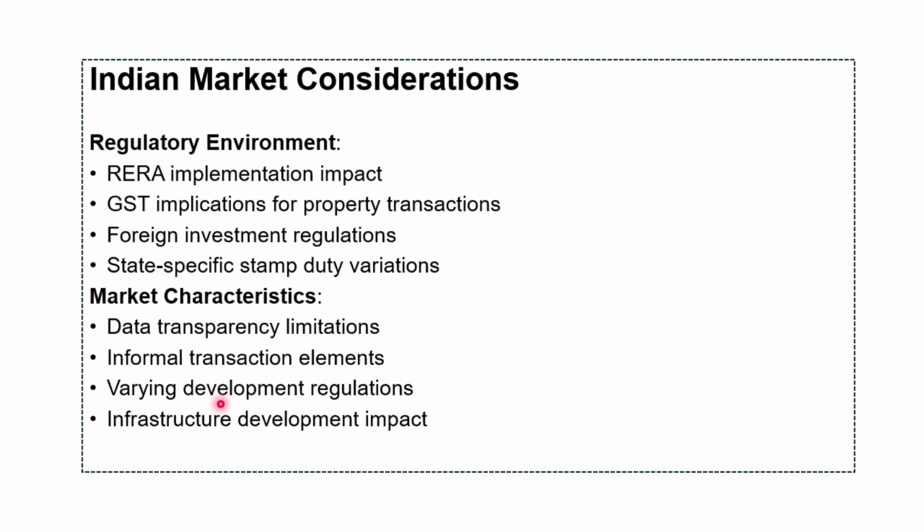These characteristics don't make portfolio management impossible, but they require adapted approaches. This includes building local market expertise, flexible strategies that can adapt to regulatory changes, emphasizing relationship-based deal sourcing and conducting enhanced due diligence to compensate for limited data availability.